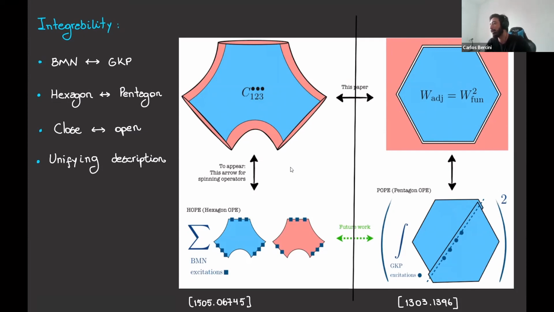I don't have anything clever to say about making this huge BMN sum. We worked this out for small spinning operators, spin 6, 4, and 2. We can reproduce these guys here, but going to infinity is a long way.